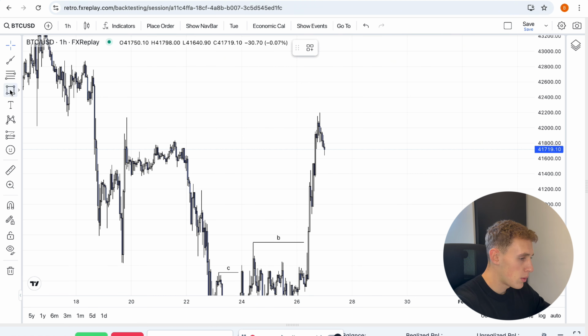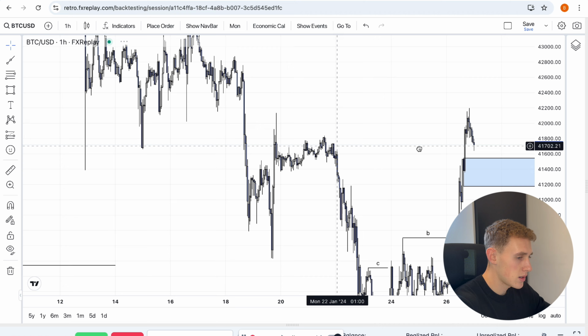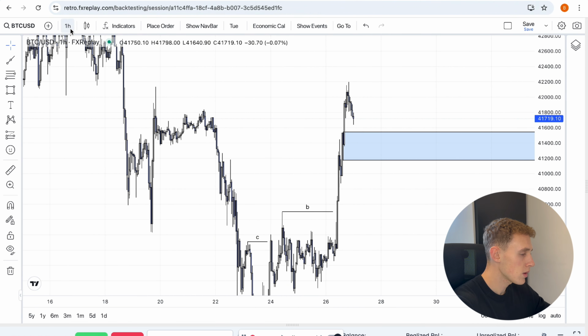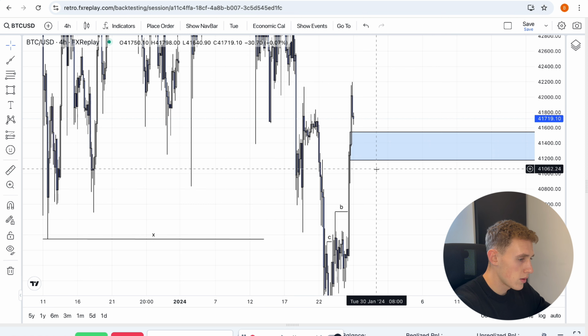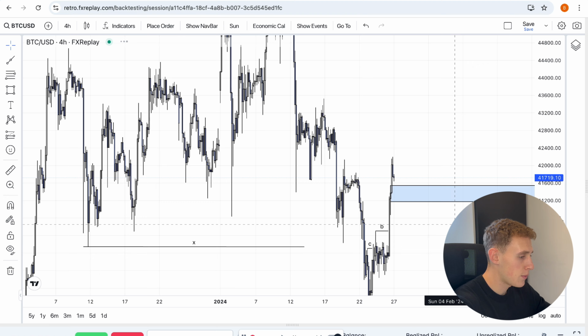Okay, so let's see if we can pull back into this demand, and then I would have a look at some buys in there. Could also see price come lower, take out this low, which I'm going to be mindful of.